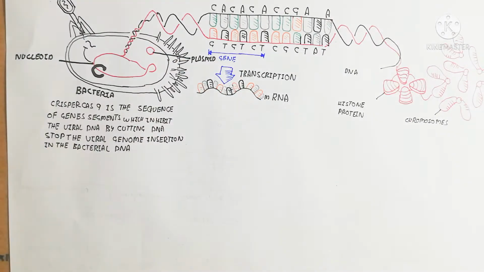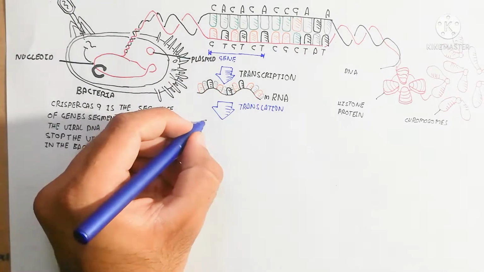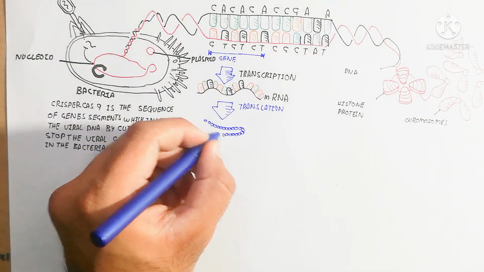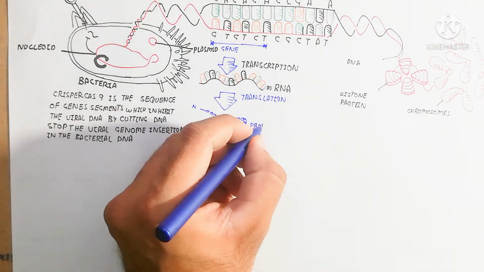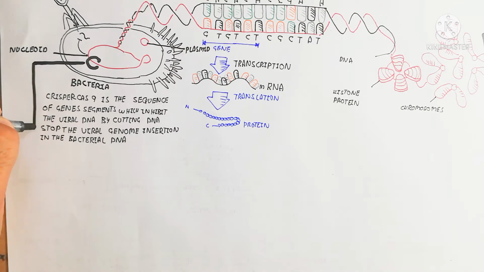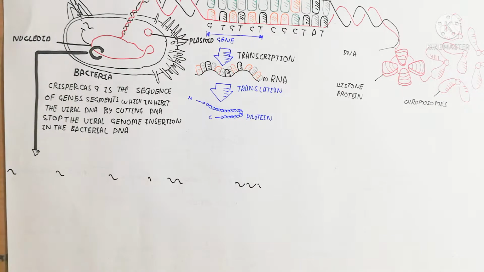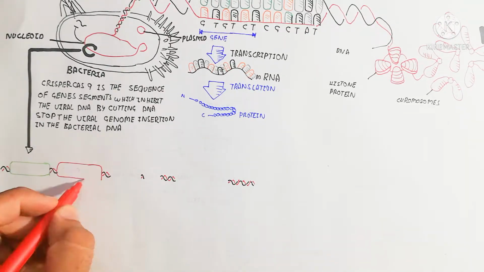Prokaryote and eukaryote DNA always contain cytosine with guanine and adenine with thymine. This is the gene sequence that is transcribed to produce messenger RNA, and this messenger RNA binds with the ribosome to form polysomes and is translated to produce protein.